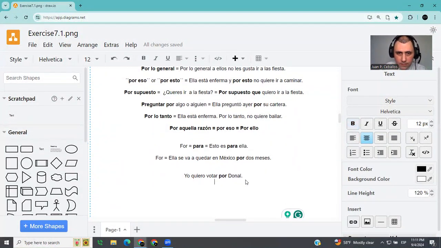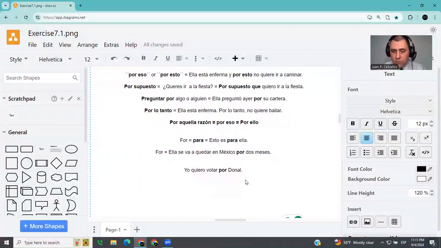That's another exception that normally books do not explain. Now look at this sentence. ¿Cuándo sale el tren para Madrid?